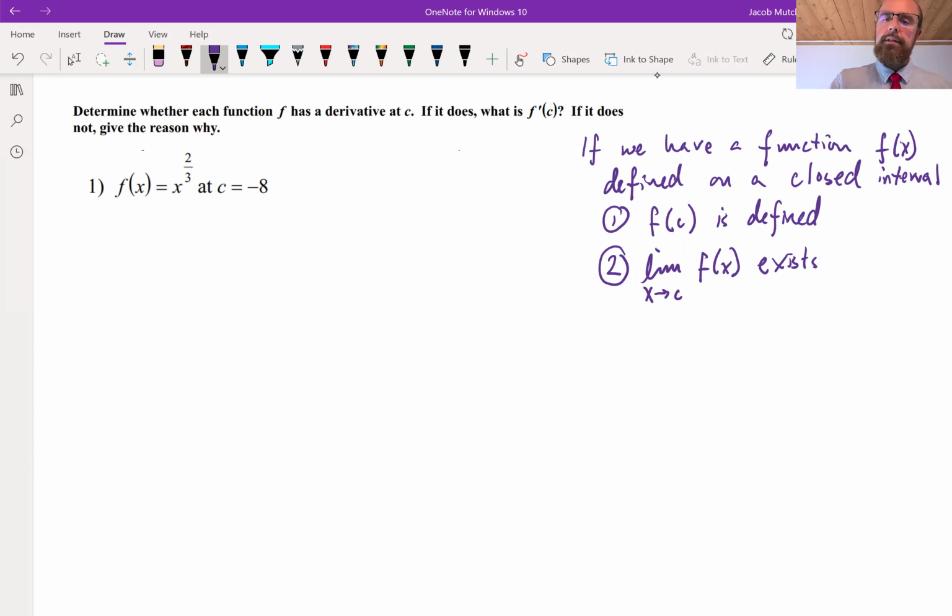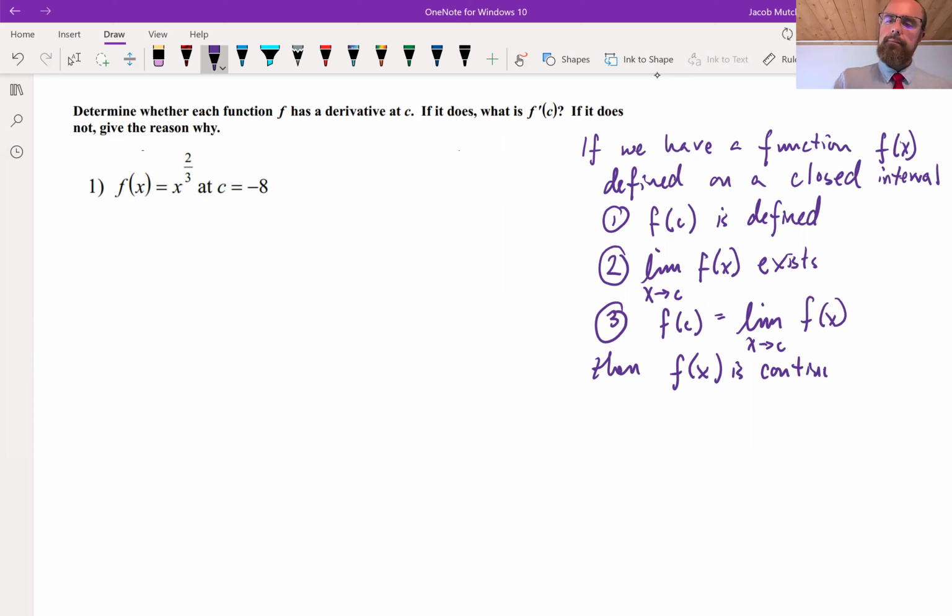And thirdly, the value f of c equals the limit as x approaches c of the function. Then we conclude f of x is continuous at x equals c. So that's our definition for continuity, those 3 criteria.